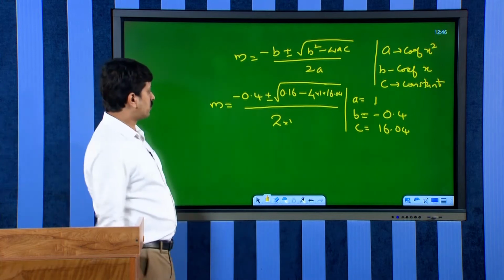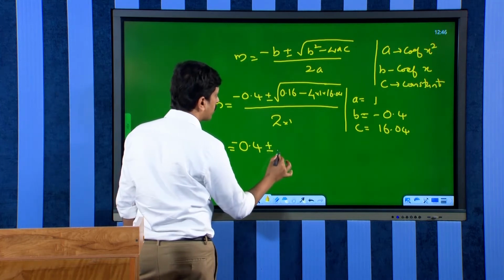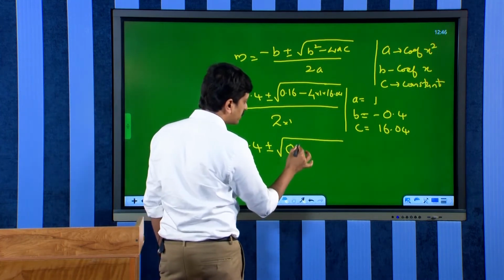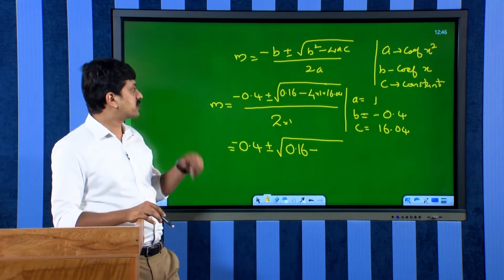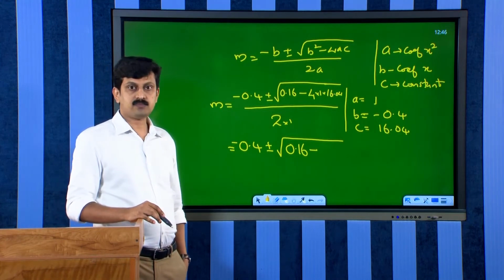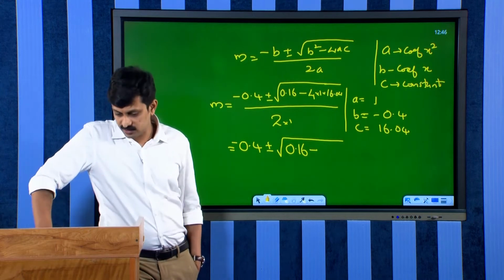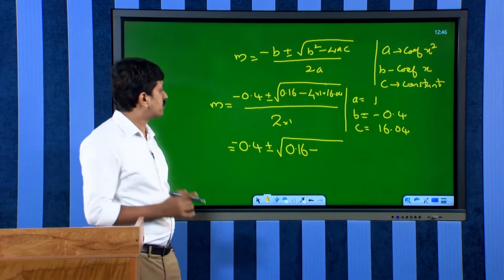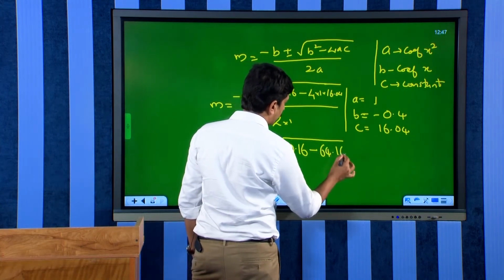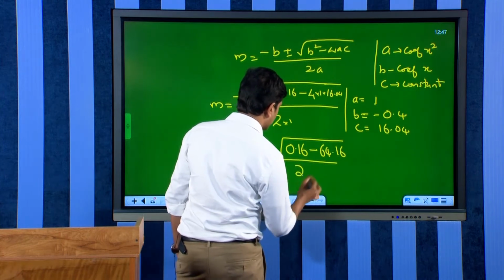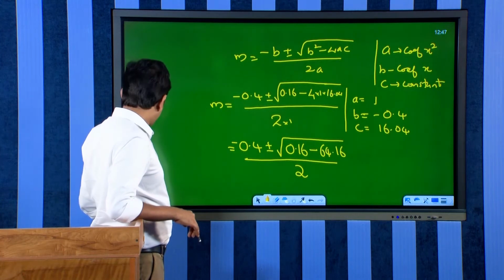So, this is equal to 0.4 plus or minus root of 0.16 minus 4 times 16, which is 64, and 4 times 0.04 is 0.16. So, we will have minus 64.16 divided by 2.